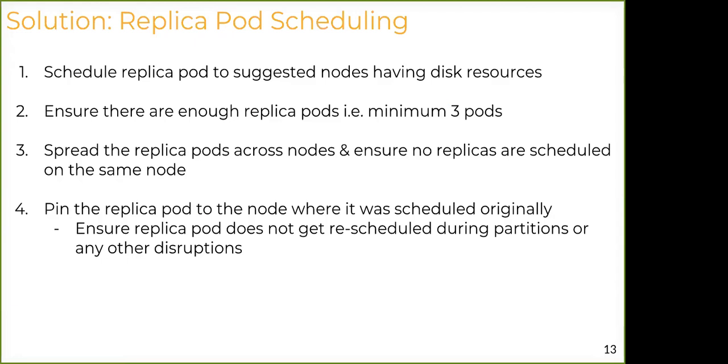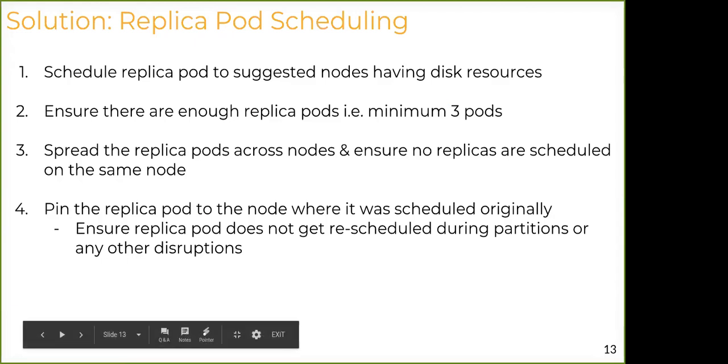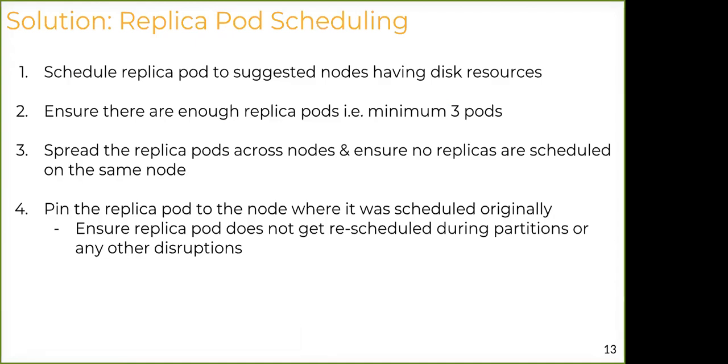When I say a good number of replica pods, it implies it ideally should have 3 pods, so as to have high availability in place and to also ensure the quorum. There is a concept of quorum in the replica, so that the quorum is supported.